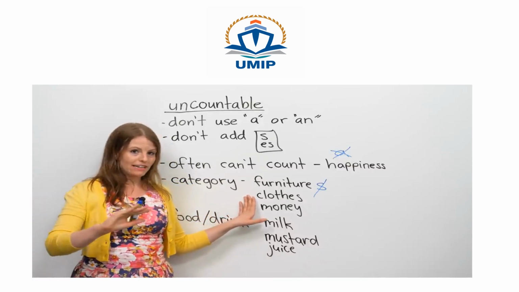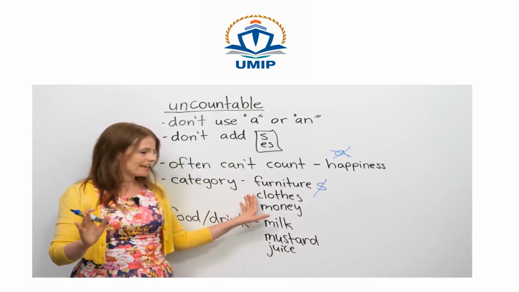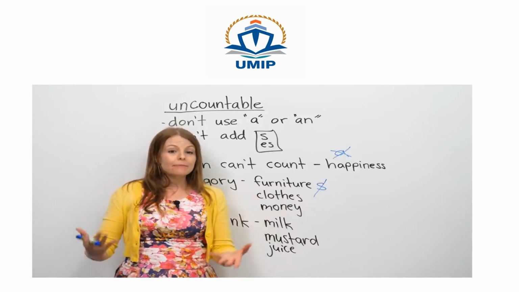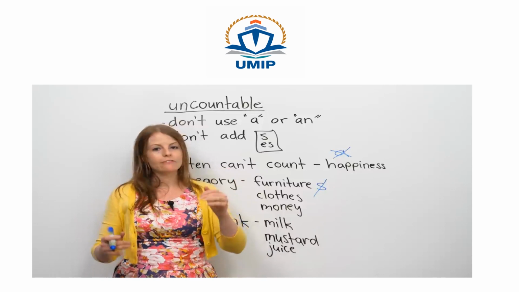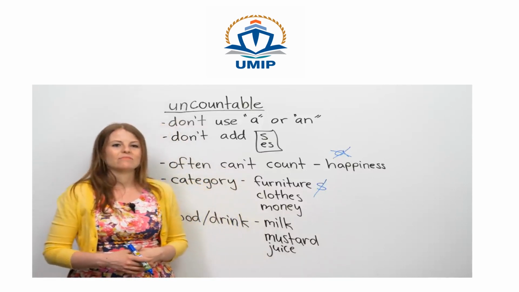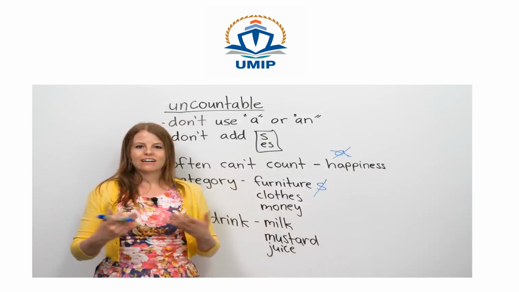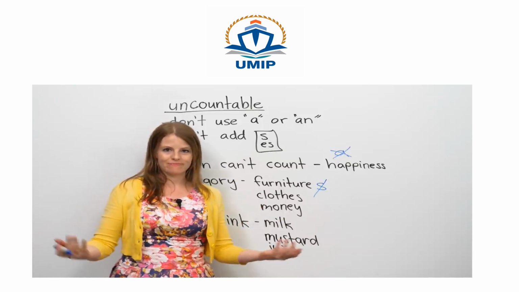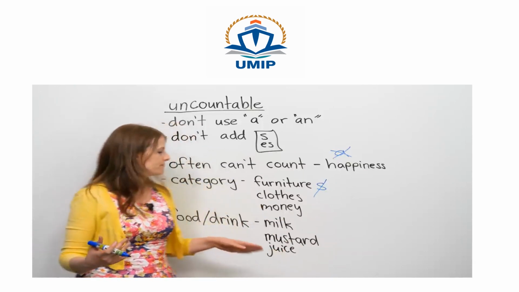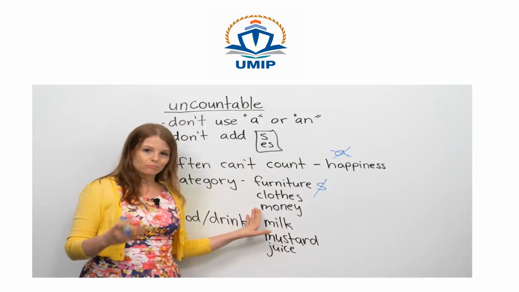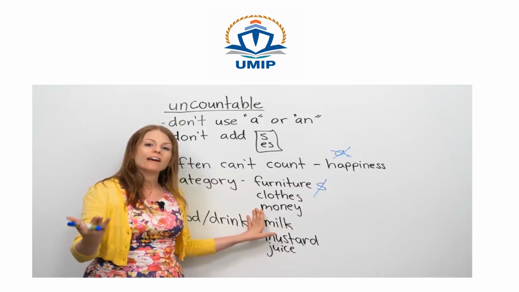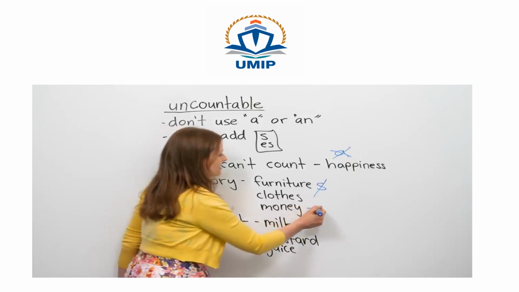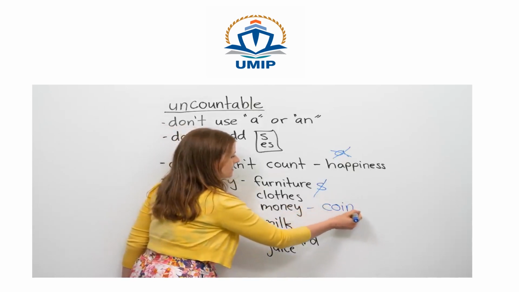Clothes, again, we never change it. It always is the same. But types of clothes we can have as countable. So we can have 5 dresses, 10 socks. So you can count a lot of clothes. With money, like I said, we do not add an s, but we can count coins.